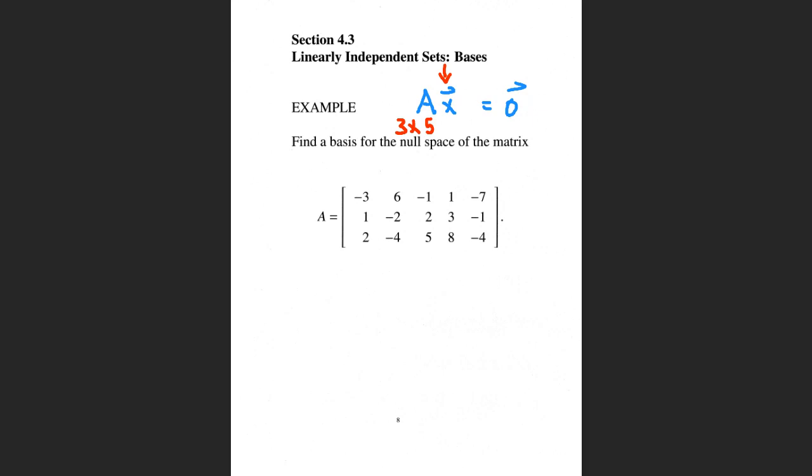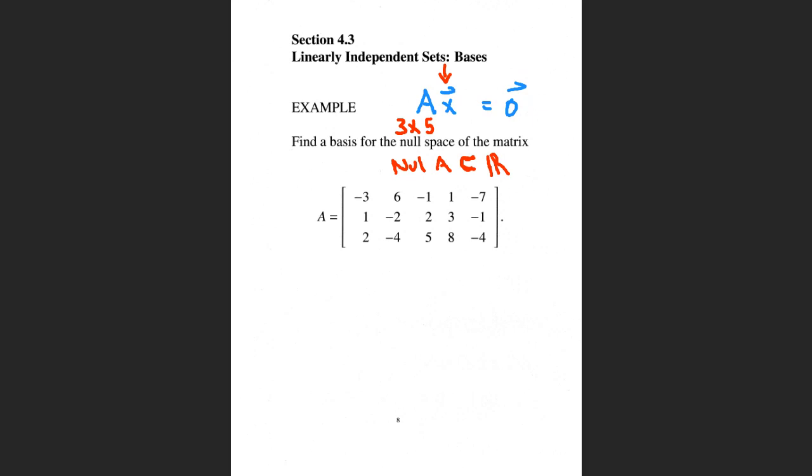The null space is a subset of what? R what? What's the dimension? Is it 3-dimensional space, 4-dimensional space, 5-dimensional space?